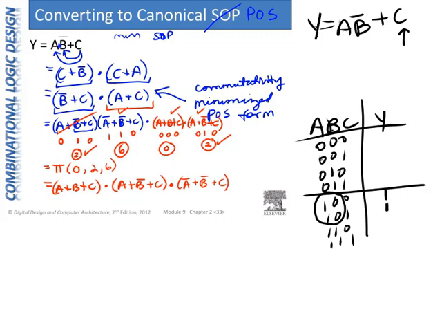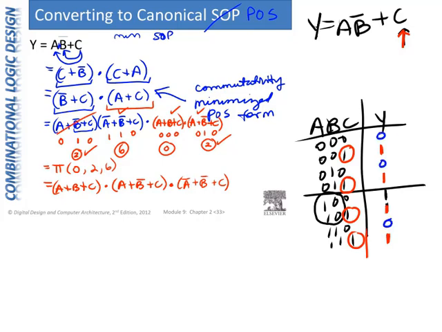And the C term is true, so or C. That's the other case where the output will be true, in these rows. So for 1, 1, this 1 was already there. So that one is being forced by two terms, by both the A and B bar term, as well as the C term. And then we have zeros everywhere else.